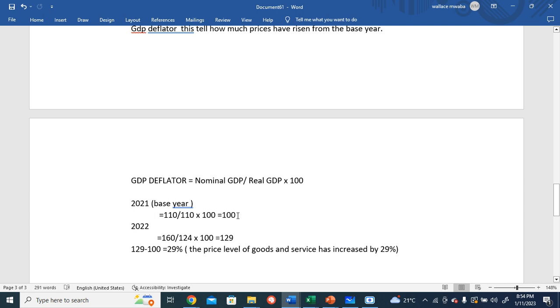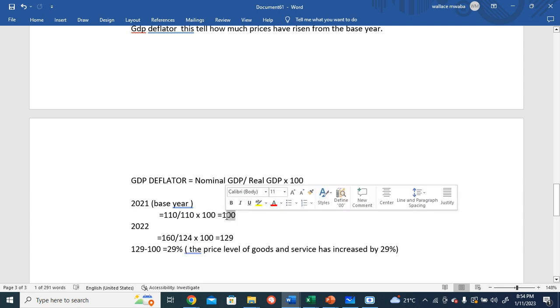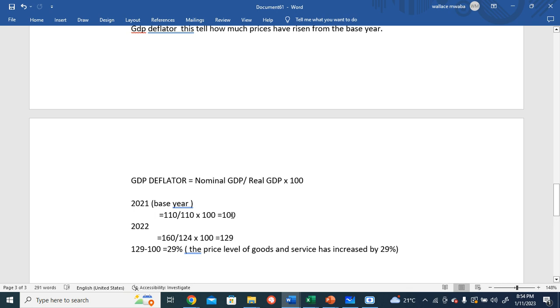Index numbers always have a base year or base number, the point of reference. So 2021, which is our base year, is going to have 100.